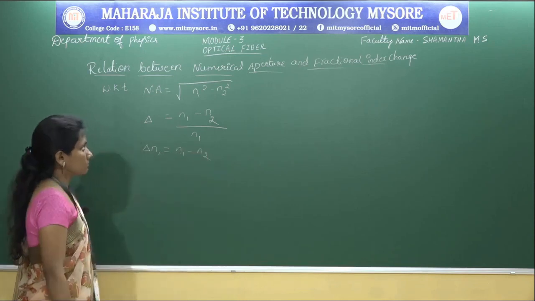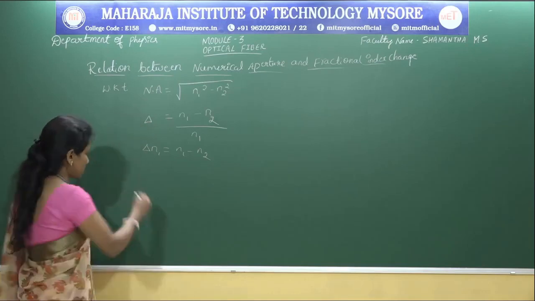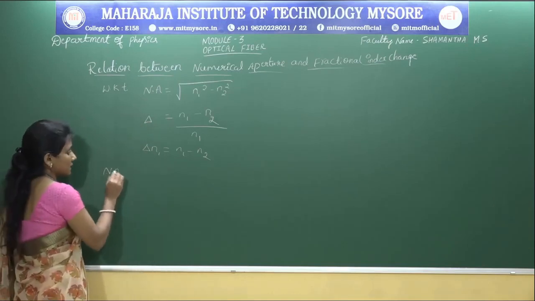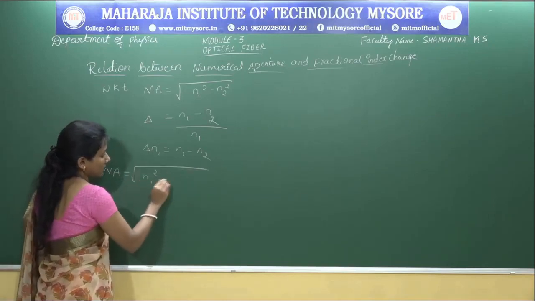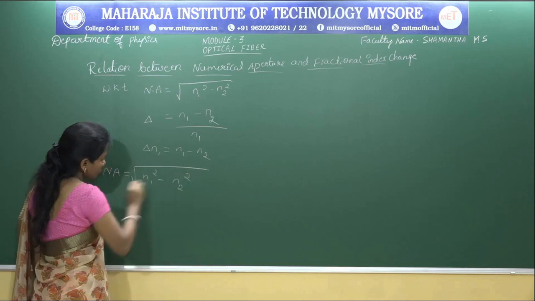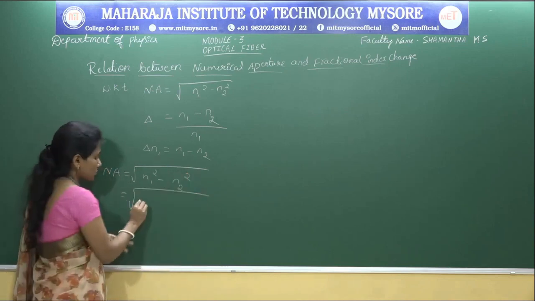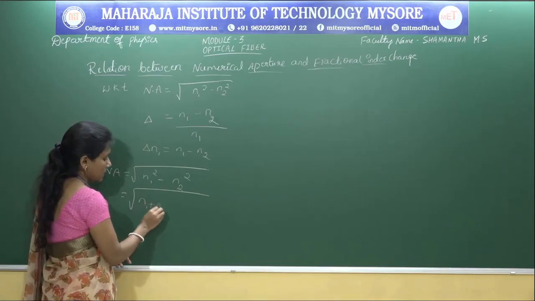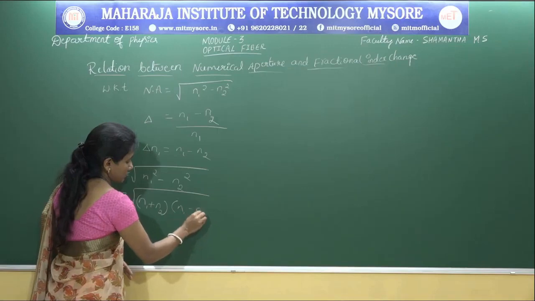Now take this numerical aperture expression and expand it. We get n1 square minus n2 square, which is in the form of a square minus b square. So we can write it as n1 plus n2 into n1 minus n2.